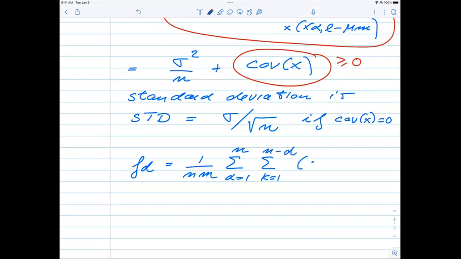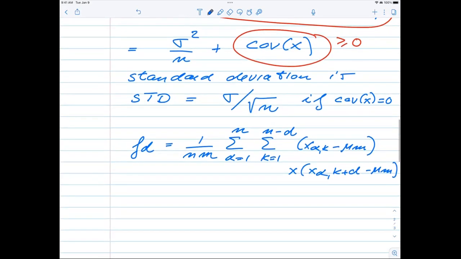And then we have x alpha k minus mu of m, multiplied with x alpha, comma, and now instead of the previous variable l, we have k plus d, minus mu of m. And we can define this quantity d as the distance between two measurements.